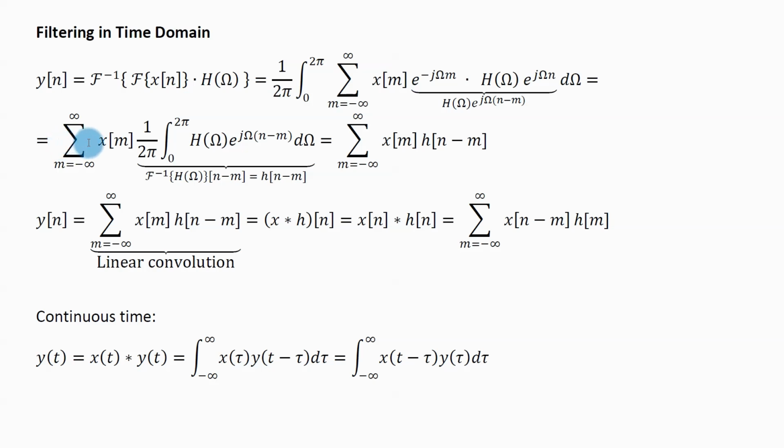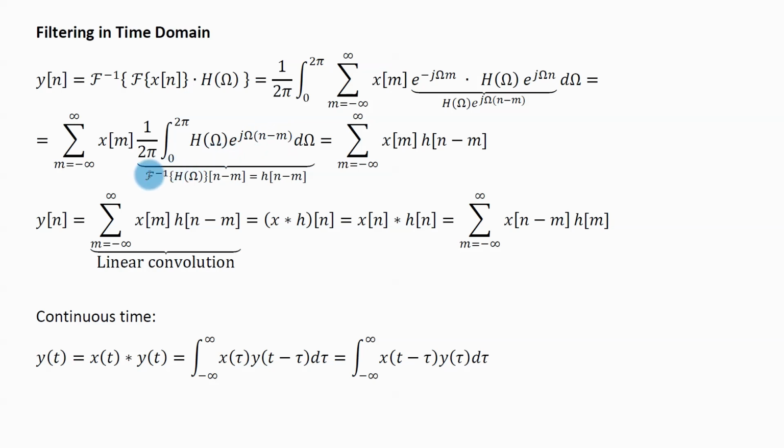I will have the sum, then my signal x comes here, and here comes the rest of the expression. Now take a look at this integral. This integral is only the inverse discrete-time Fourier transform of my frequency response, except at time index n minus m. And here I have it spelled out.